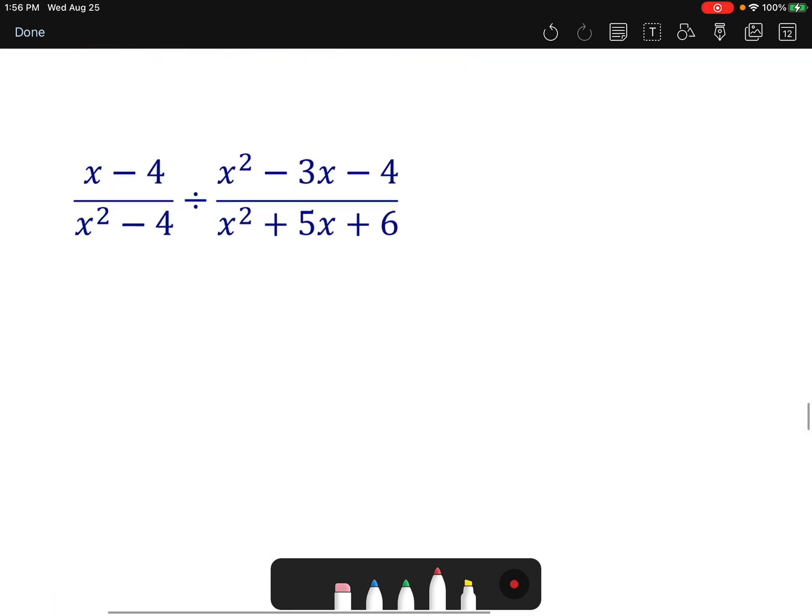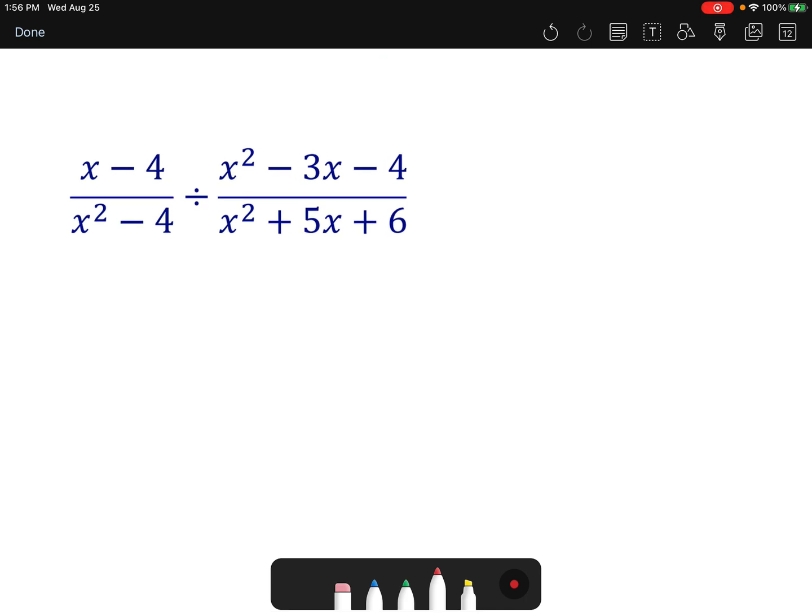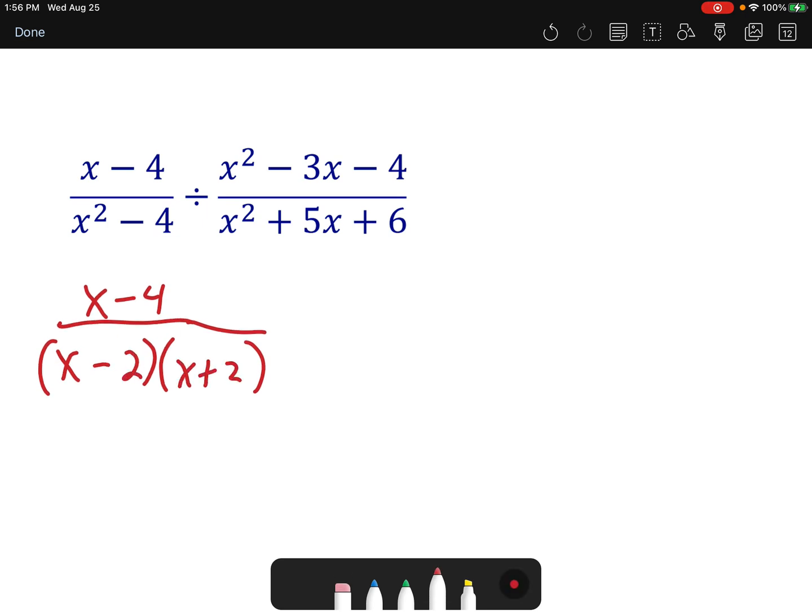Let's do another one. So we have, let's see, x minus 4 is not going to change. This is the difference of squares. Oops, what's wrong? x minus 2, x plus 2. Instead of divided by, we're going to flip this. So I'm going to take this one. That looks like it's going to be a plus and minus.